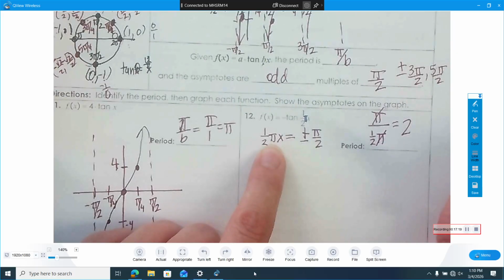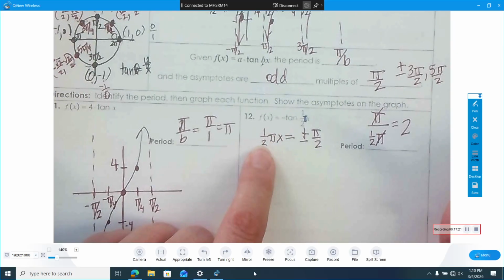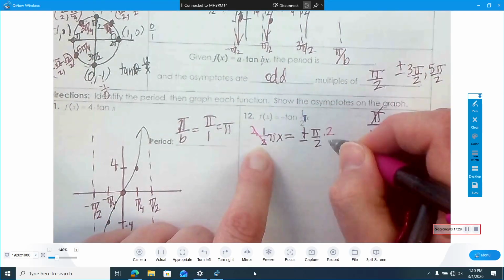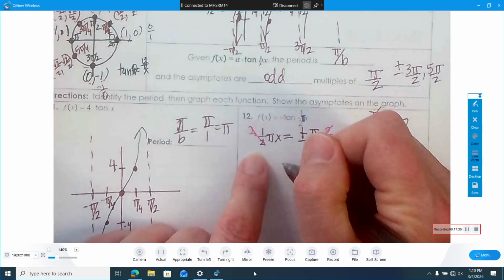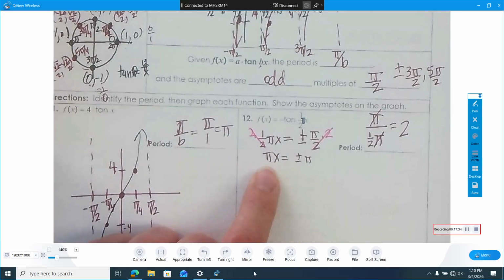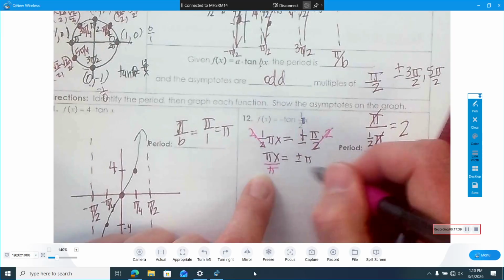I can go ahead and solve for x. How do I get rid of this 1/2? Times by 2. I would like to do that. So I'm going to times both sides by 2. All right, that's kind of nice. And then I have pi x equals plus or minus pi. All right, and then how do I get x by itself? Divide by pi? Yeah.